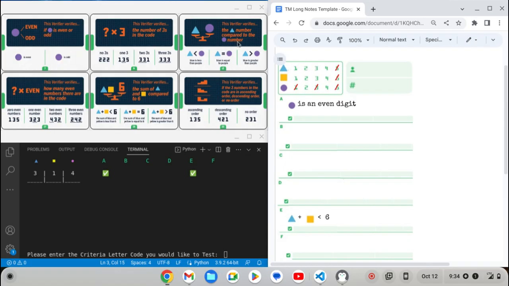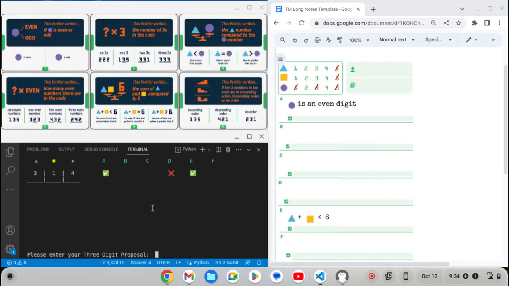Perhaps it's triangle that's the other even, and that's why we're comparing them. Perhaps. Yeah, let's go ahead and test criteria card D.